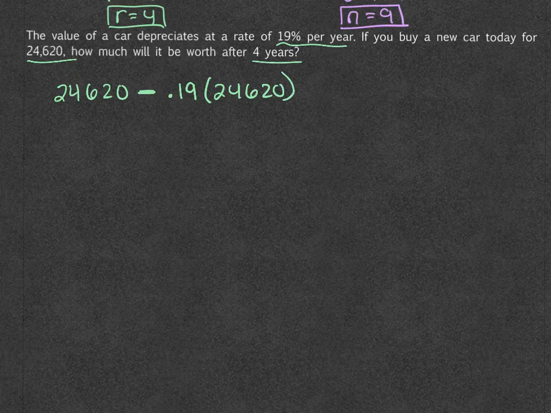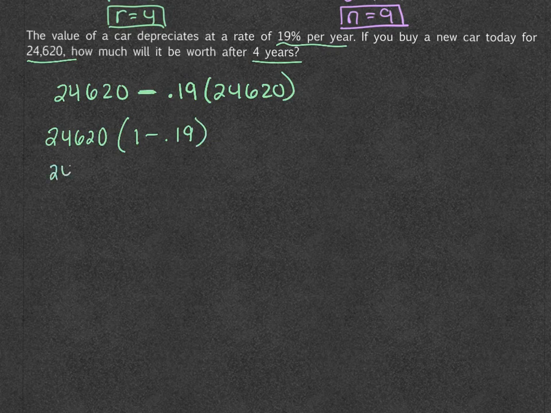So 19% or 0.19 of that initial amount. Okay. Based on what we've done with geometric sequences, this subtraction sign is not going to work. So I can rewrite this another way. If I take out a common factor of 24,620, I would be left with 1 minus 0.19.